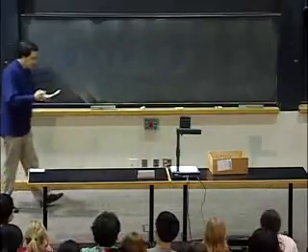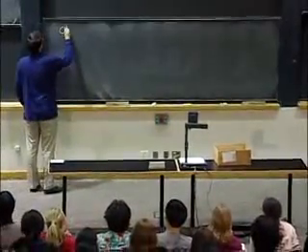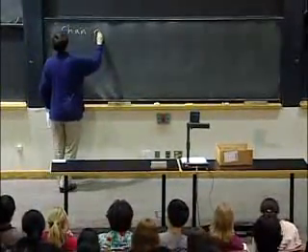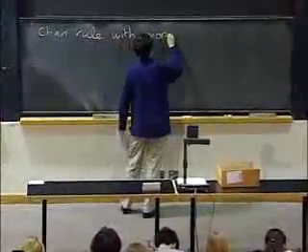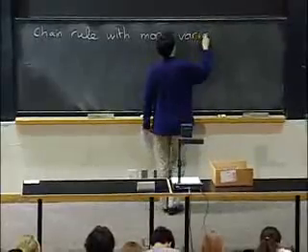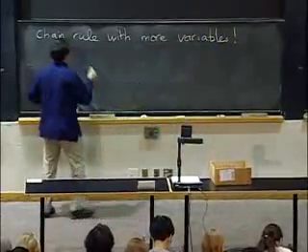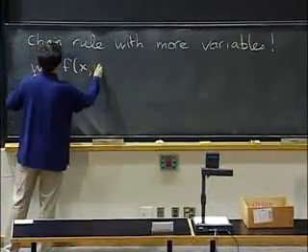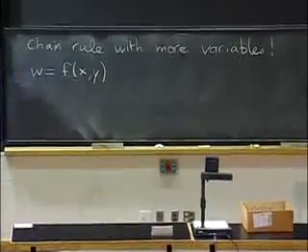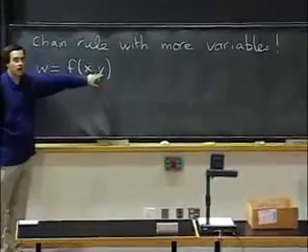Okay. Now, let's go to something even more crazy. I claim we can do chain rules with more variables. So let's say that I have a quantity, let's call it W today, as a function of, say, two variables, x and y.